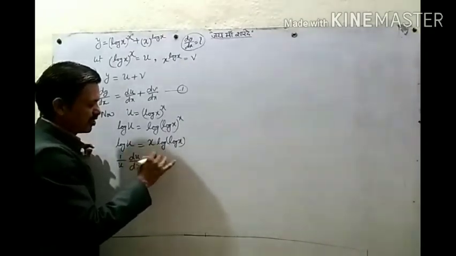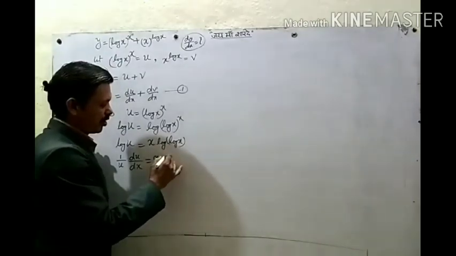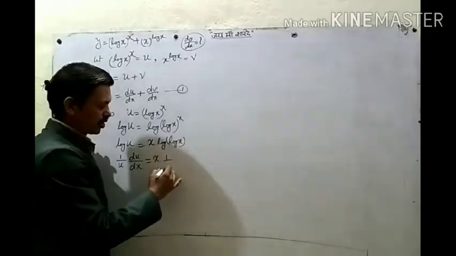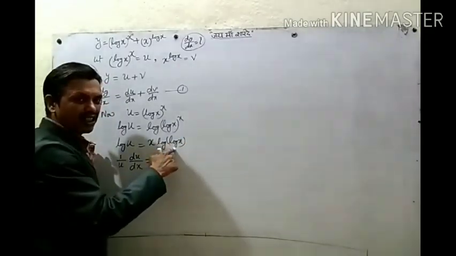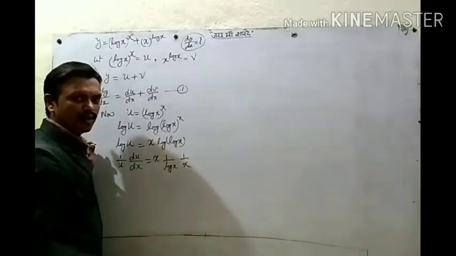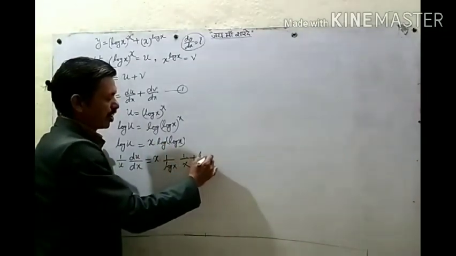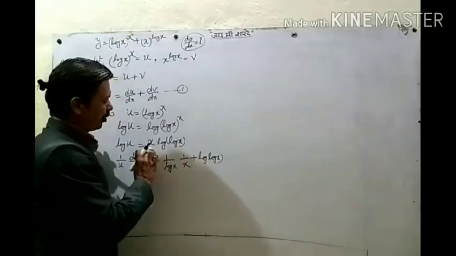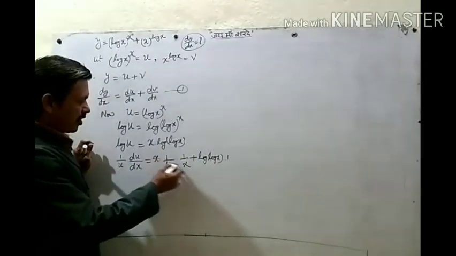So x as it is, the derivative of log of log x: it is in the form of log of x, so the derivative will be 1 by log x, and then again differentiate log x, it will give you 1 by x. So that is the second function's derivative over here. Now plus the second function, log of log x, as it is, into the derivative of the first function, x, that is 1. So your x cancels out.